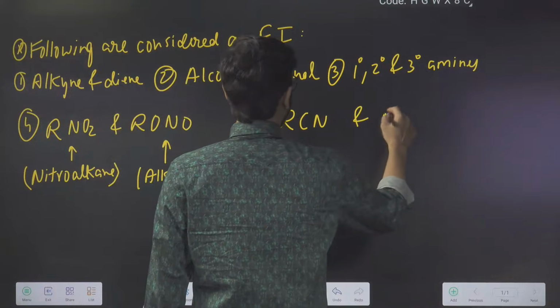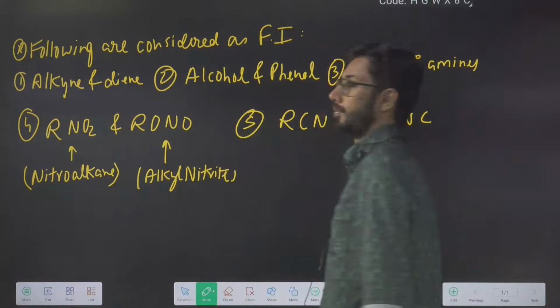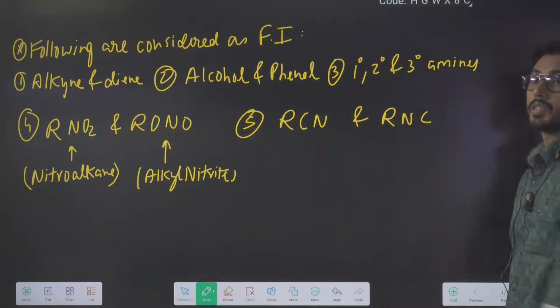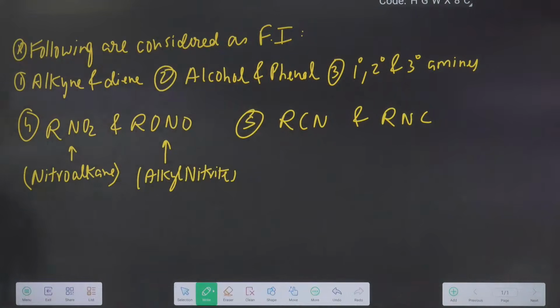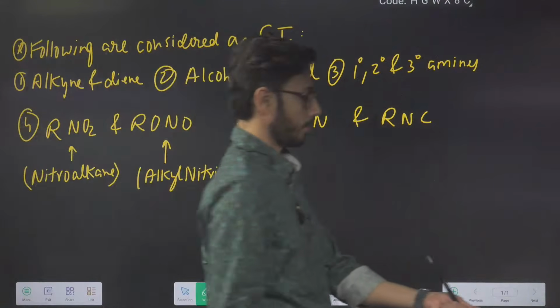Alkyl cyanide and alkyl isocyanides. These are considered as functional isomers.